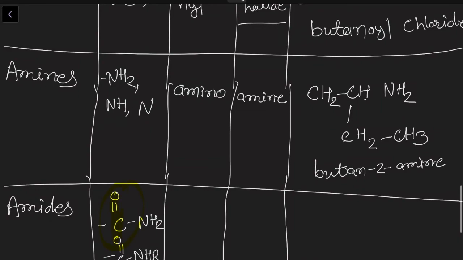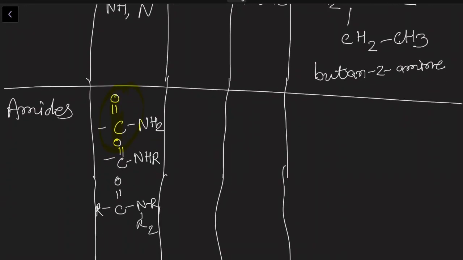When it is by itself, it's called an amine. Amides have a suffix which is called amide, and they have a prefix called carbamoyl.